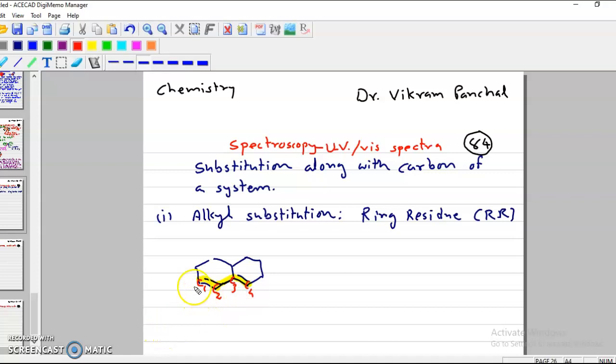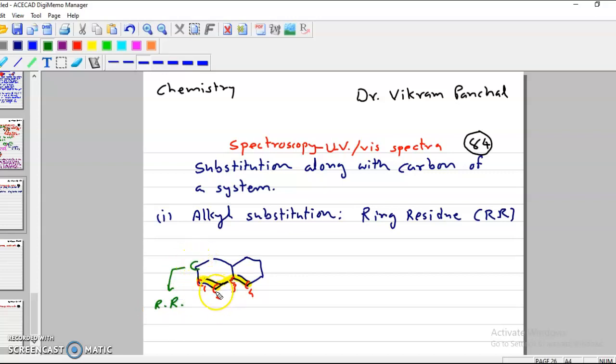Now we have to see if any carbon atom out of these four is attached to an external carbon atom or not. For example, C1 is attached to this green carbon, which is not a part of the system, and therefore this is known as alkyl substitution or ring residue.